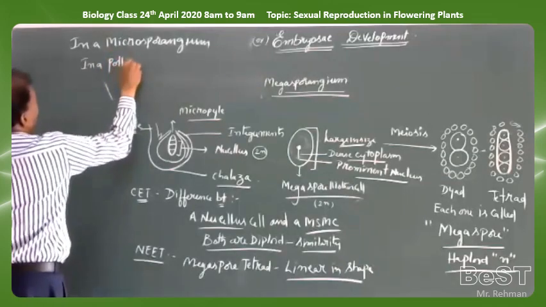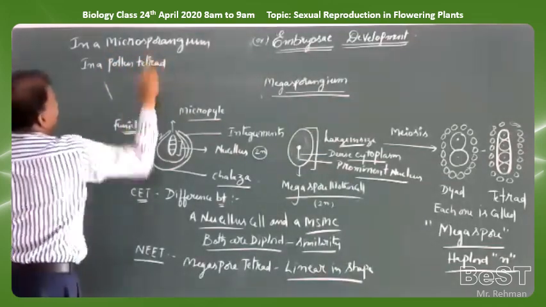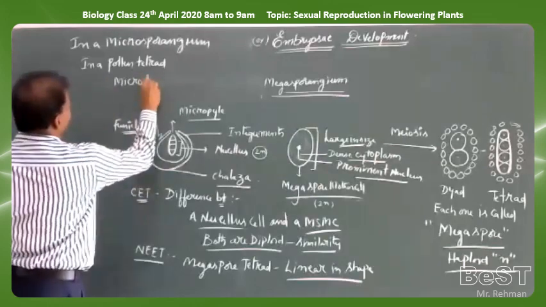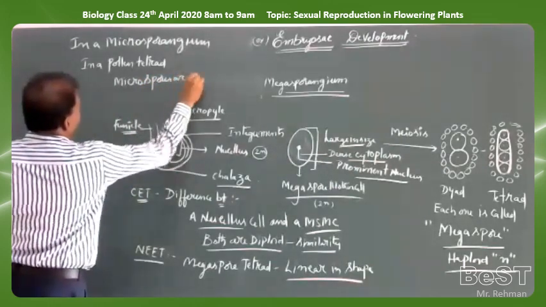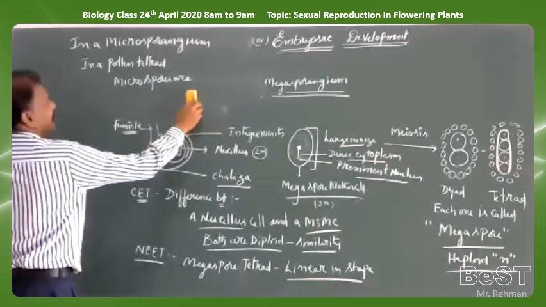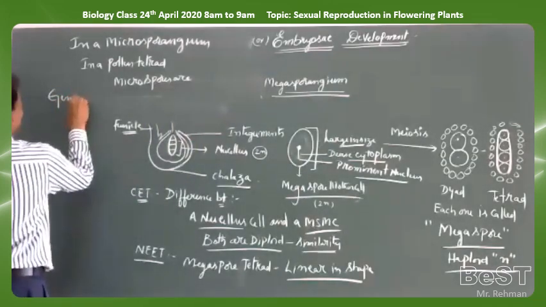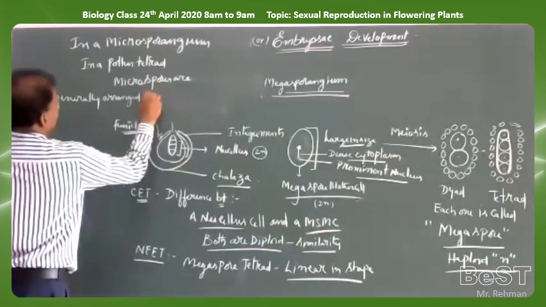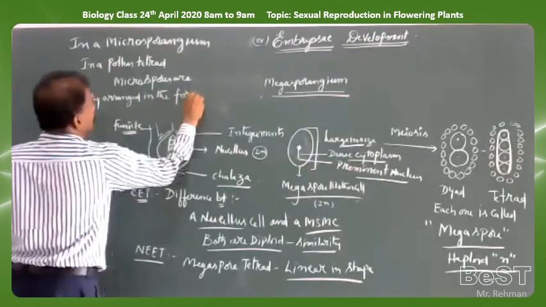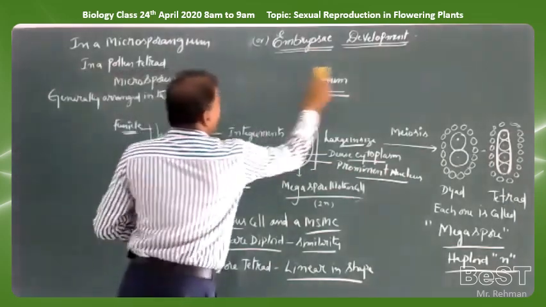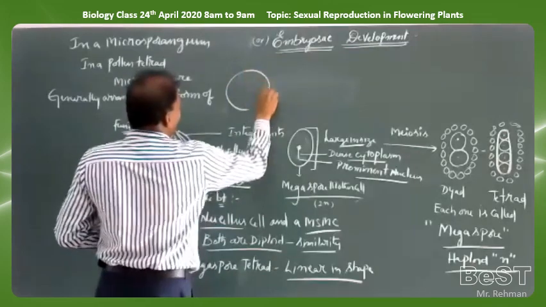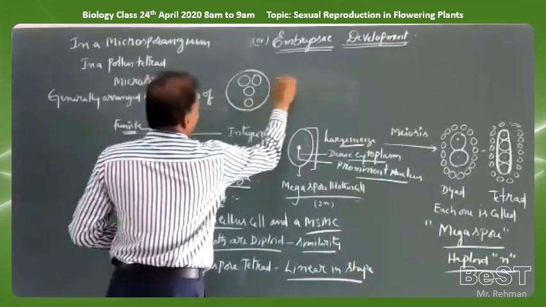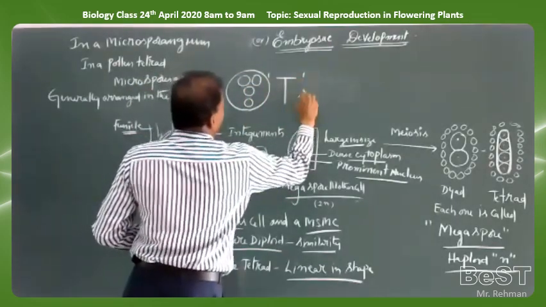In a pollen tetrad, microspores are generally arranged in the form of a T shape.